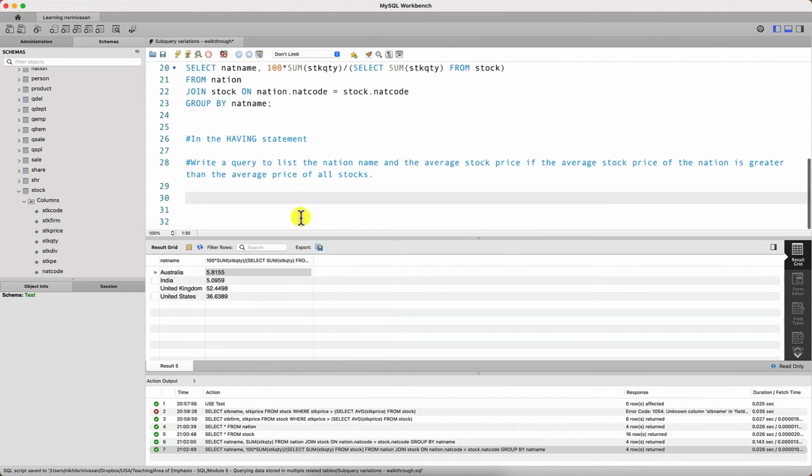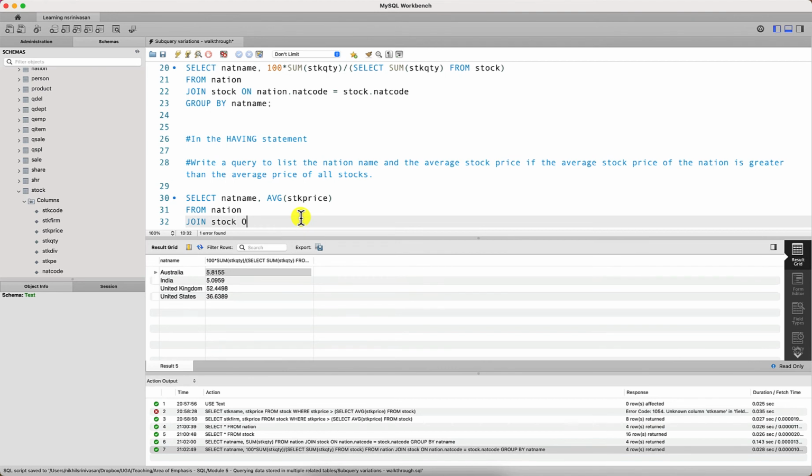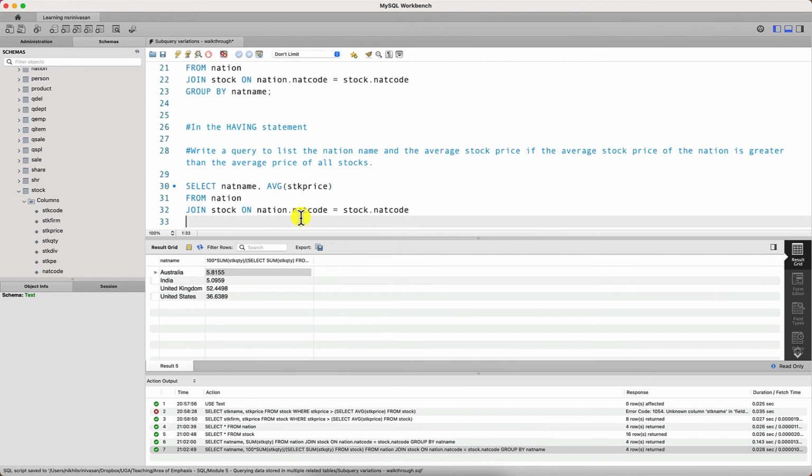To write this query, we say select NAT name and average stock price from nation join stock on nation.natcode is equal to stock.natcode. Group by NAT name.